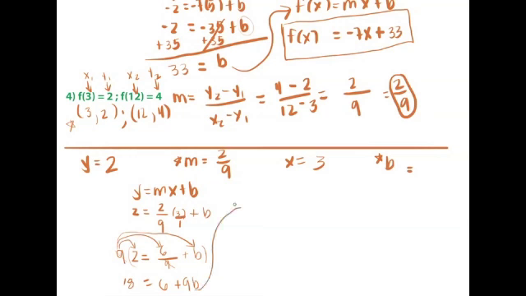Okay, I'm going to finish this up here. So I have 18 equals 6 plus 9b. Let's solve for b. So leave this guy here, move the 6 over, so let's subtract it. 18 minus 6 is what, sweet people? It's 12, so be careful. Sorry.